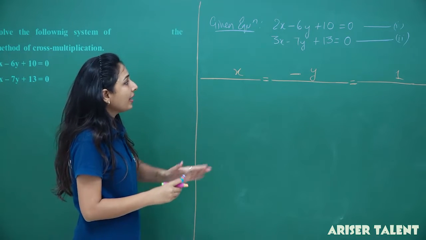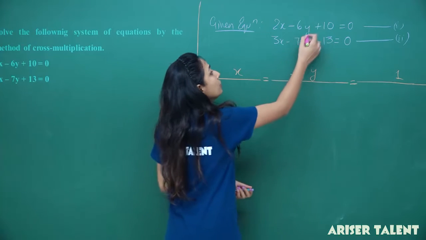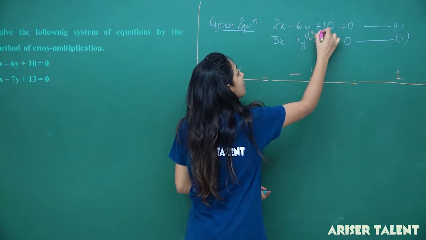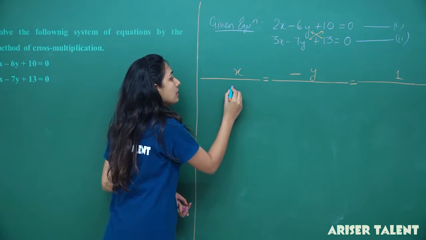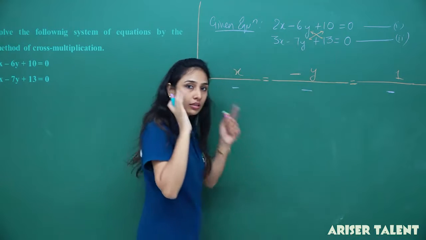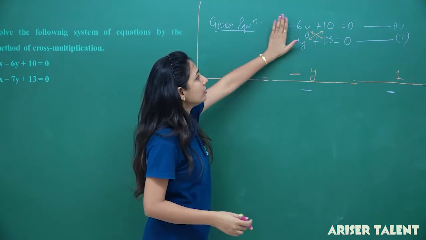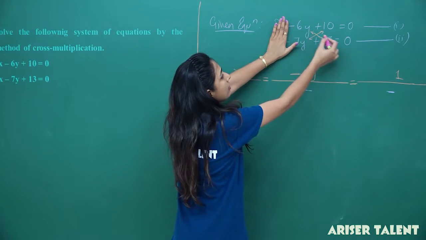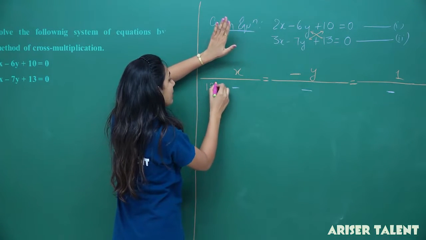Now look, talking about x, now cross multiply with these two. Don't get confused with the sign, just before starting this, put this minus in advance, so your brain will work accordingly. Talking about this x, hide this, that is 13 multiplied by 6.